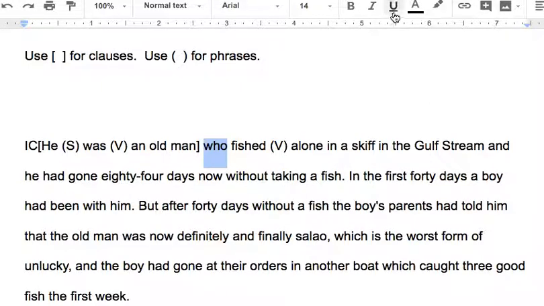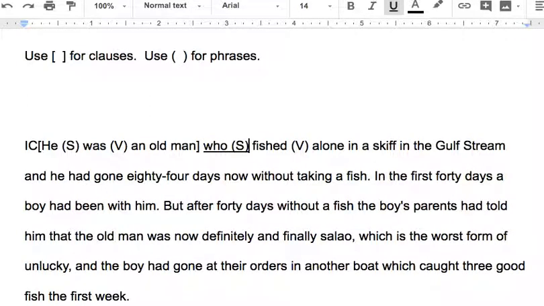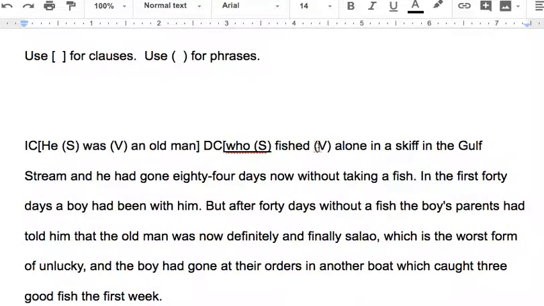So we want to underline it since it's a subordinator, and then we also want to identify it as the subject, and then mark that as our DC. Putting a bracket there, identifying it as a DC, put the bracket at the end of that DC.